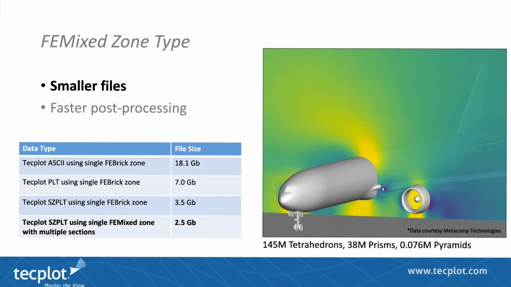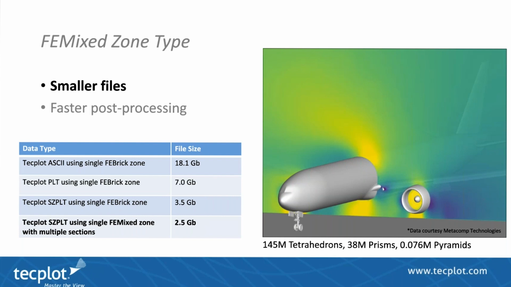So you have a triangular mesh on the surface, and then it's extruded out as prisms through the boundary layer. And then you have tetrahedrons in the far field, and those pyramids are just there to kind of glue the prisms to the tetrahedrons as necessary.